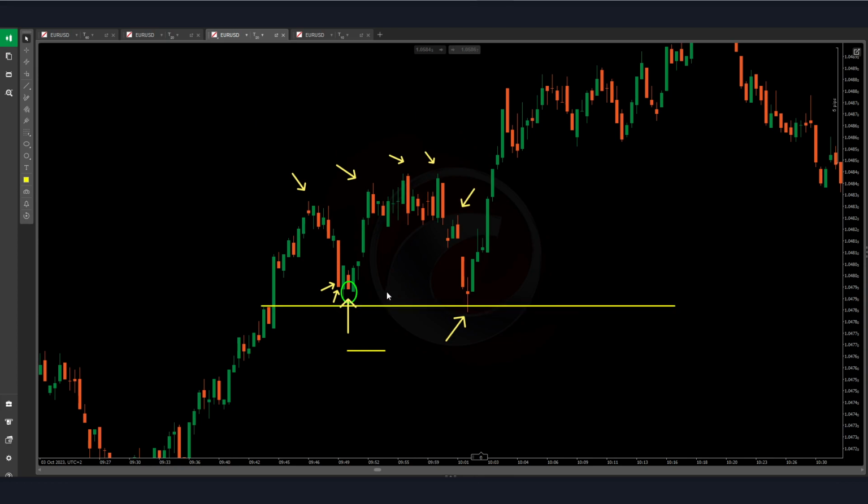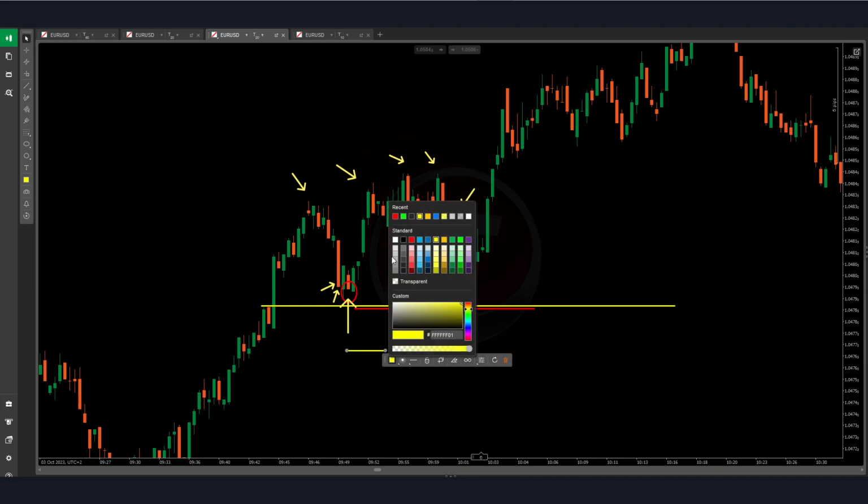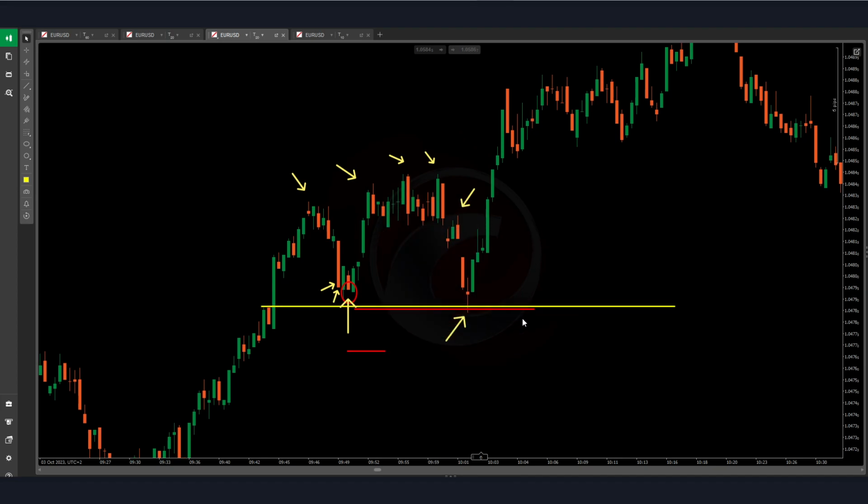That would have been absolutely heartbreaking. So this one will actually be a loss because I'm adapting my stop loss to the market conditions. This is what helps me save a lot of money over time.